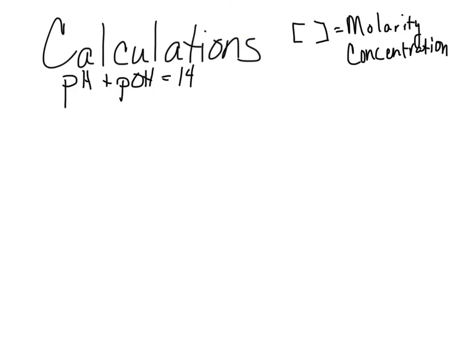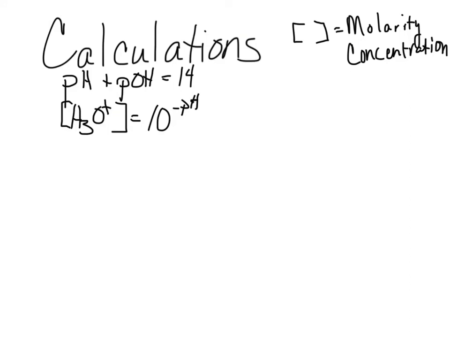If you put these brackets around, then you are able to not use your units meaning molarity, because the brackets mean molarity. So we have [H3O+] equals 10 to the negative pH. That's because we're using this negative logarithmic scale and we're using a log with a base of 10.